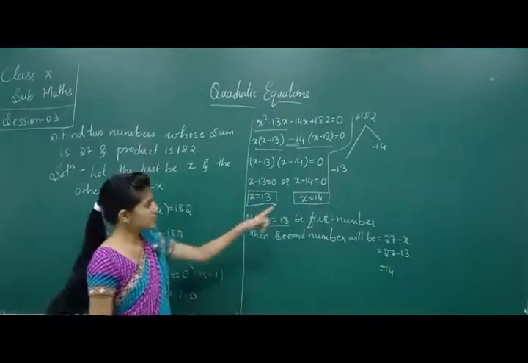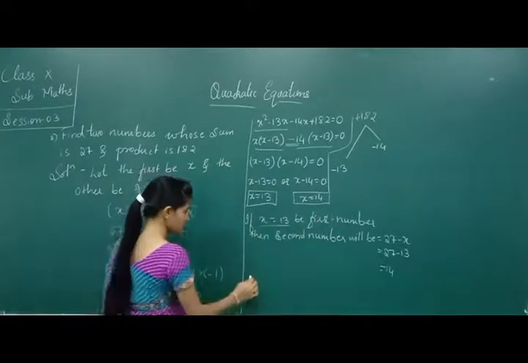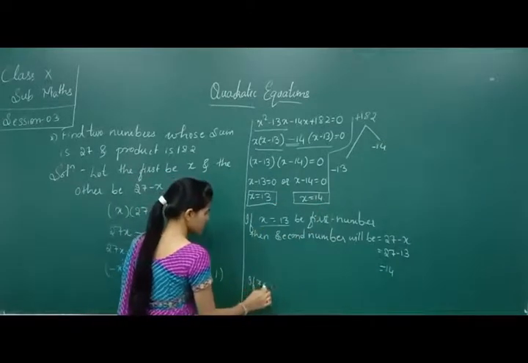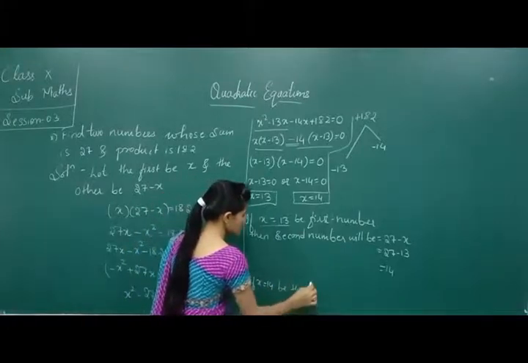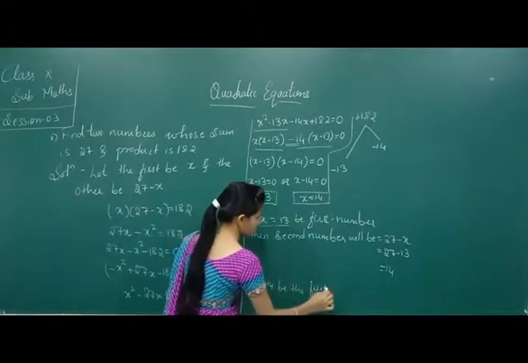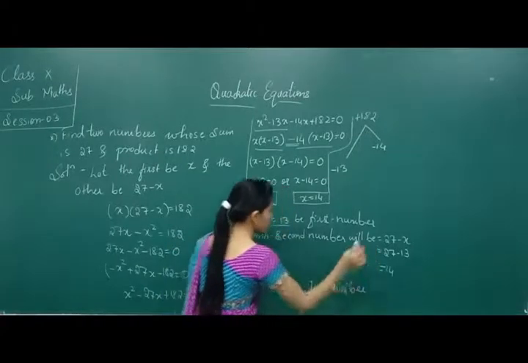What if we consider both as positive numbers, right? What if we consider x is equal to 14? If x is equal to 14 is the first number, then what about the second number?